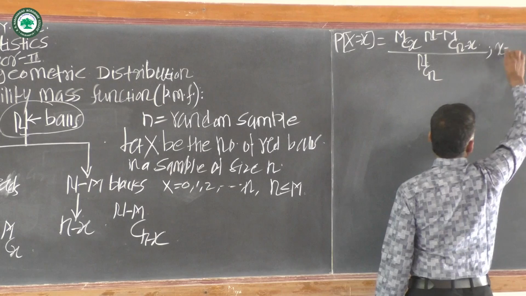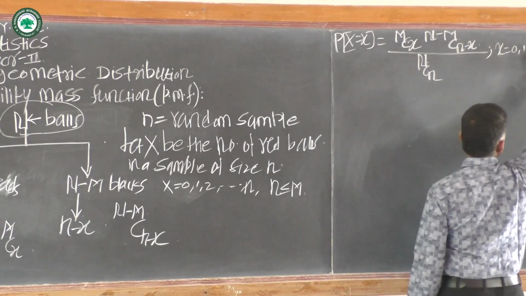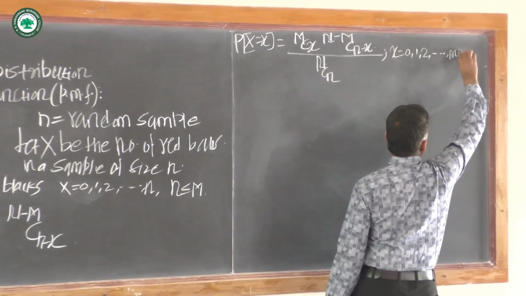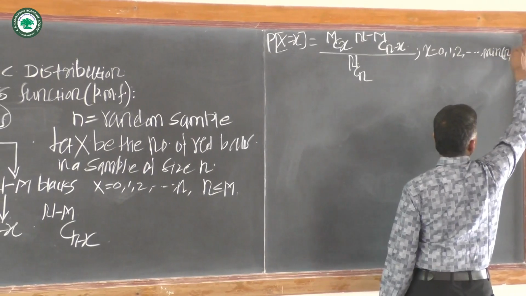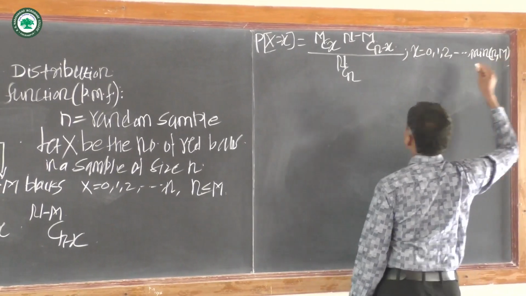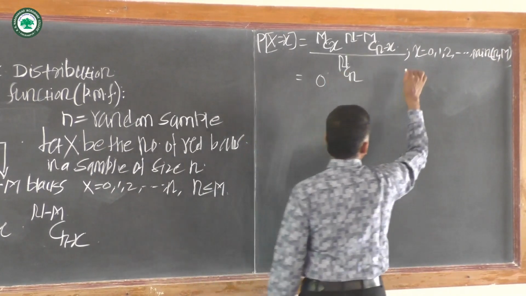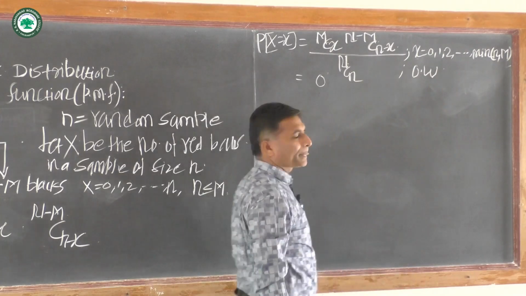Here x takes values 0, 1, 2, up to the minimum of n comma M, and 0 otherwise.